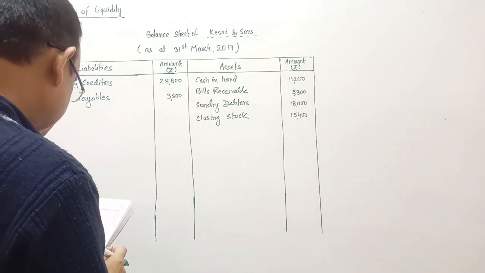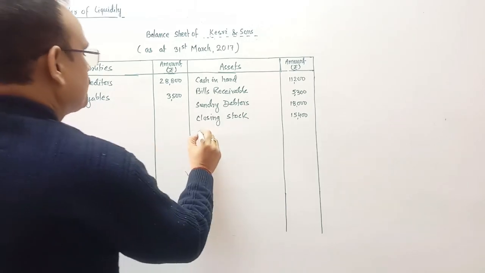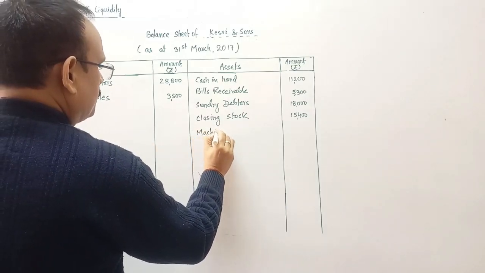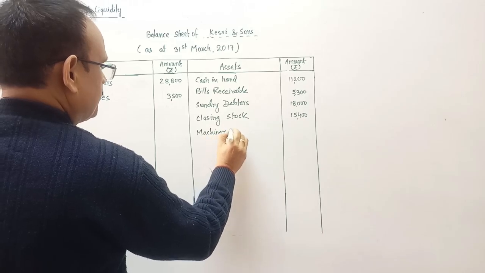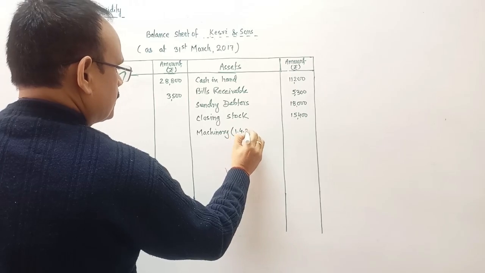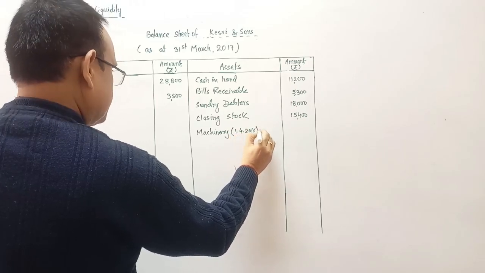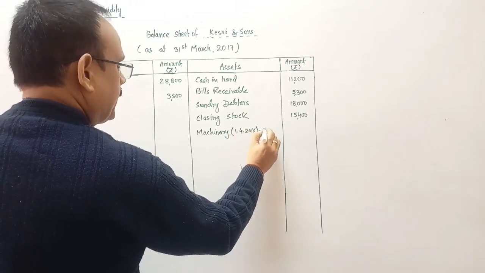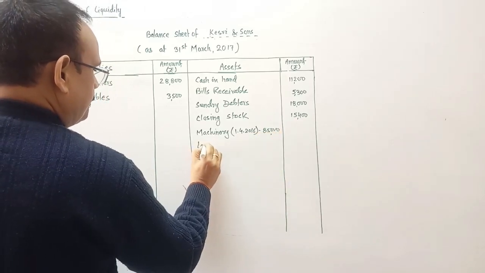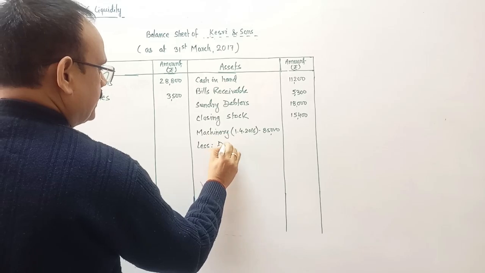Next is machinery. You write the machinery over here. Machinery balance on the first day of the accounting year 2016 is 85,000. You write it in the inner column and deduct the depreciation charged on it.